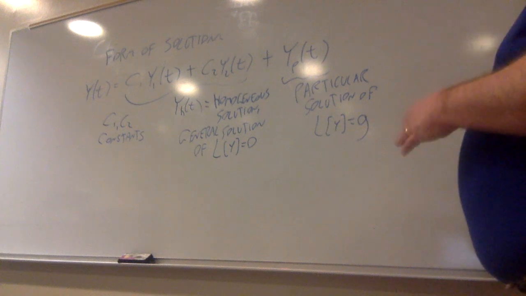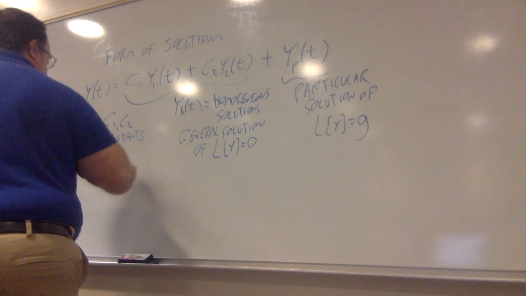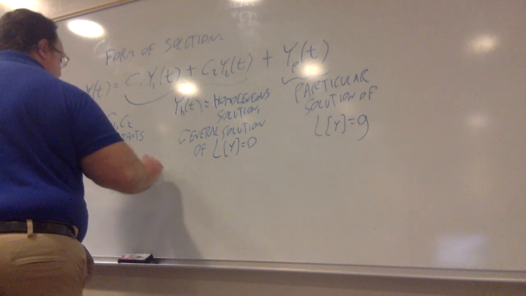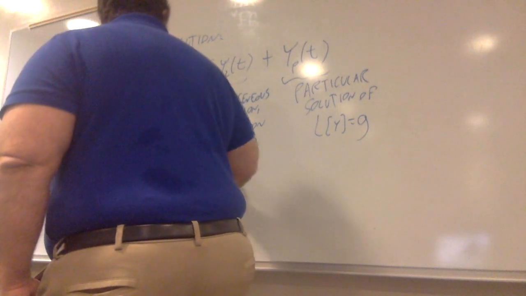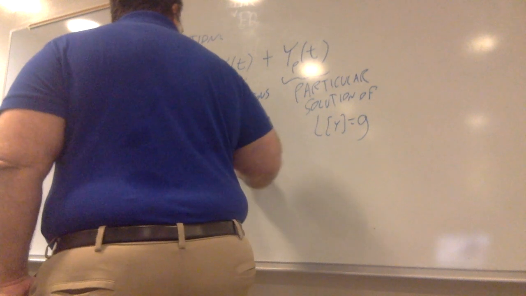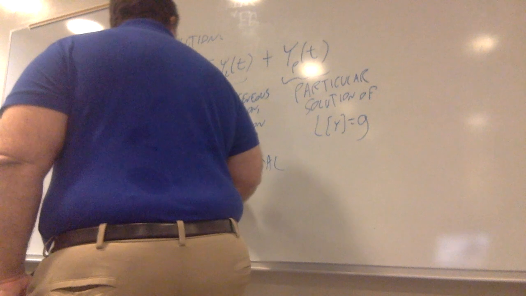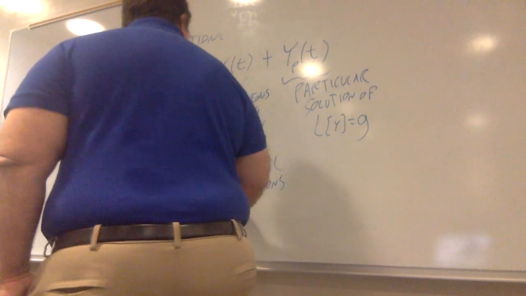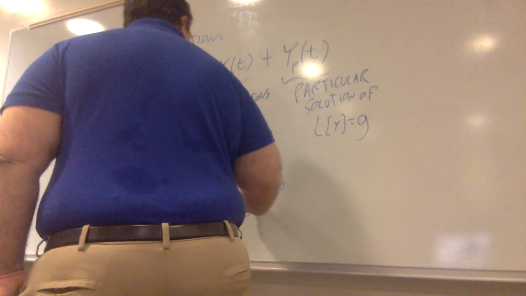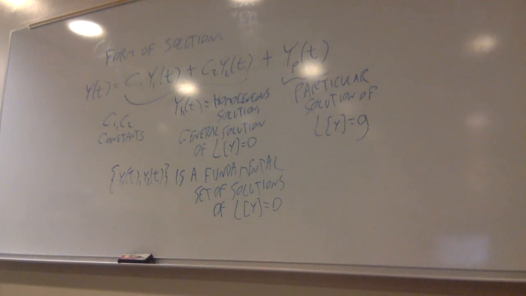So our focus for the time being is going to be on this y1 and y2. Two of them together, y1 of t and y2 of t, or it could be functions of x, depending on what's given, is called a fundamental set of solutions of the homogeneous problem, Ly is equal to 0.